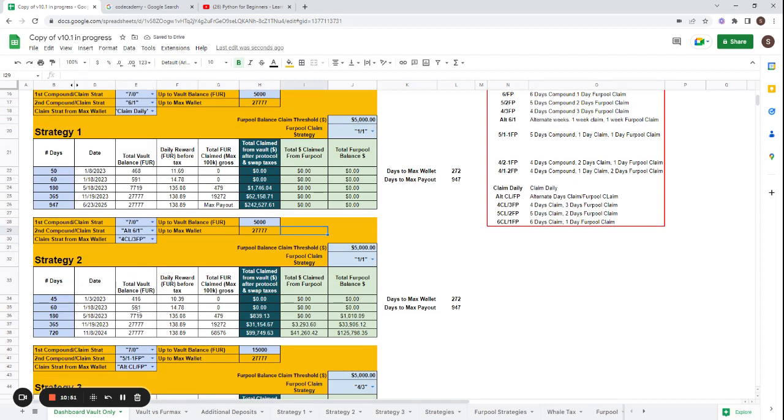So what you can see here now is at 947 days, we will have claimed 135k from the vault. We will have claimed 91k from Furpool. That's what we've claimed. And then we will also have 204,000 as a balance in Furpool.